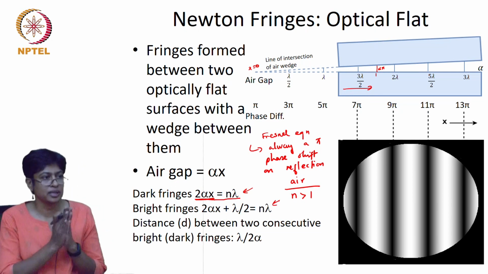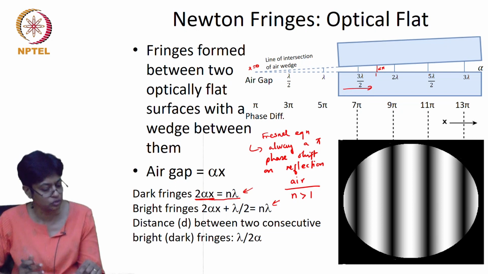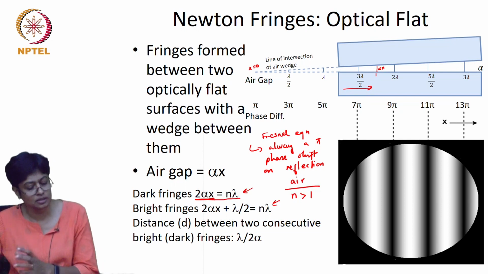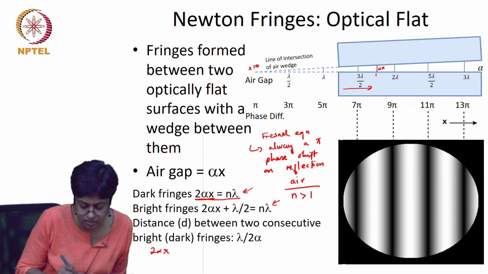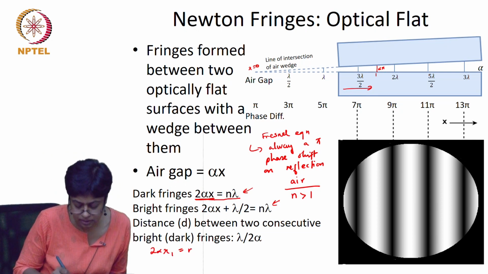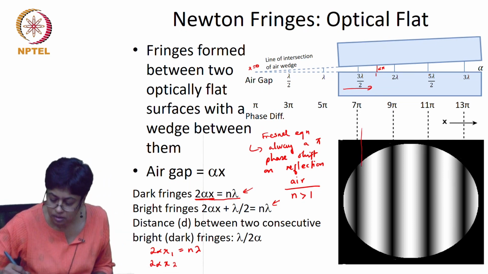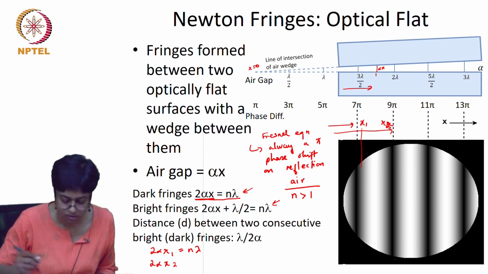but it doesn't matter. You take the distance from one dark fringe to the next or from one bright fringe to the next. If you just take 2 alpha x is equal to (n plus 1) lambda and 2 alpha x naught is equal to n minus, we can do that. 2 alpha x1 is n lambda and 2 alpha x2. So let's say this is the location, this is x1 and this is x2, right.